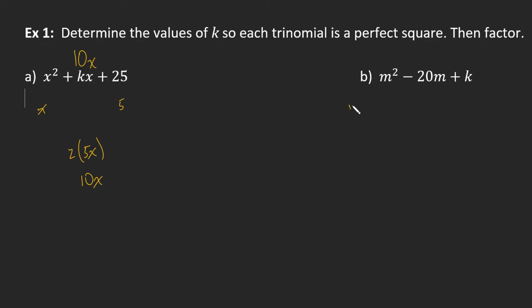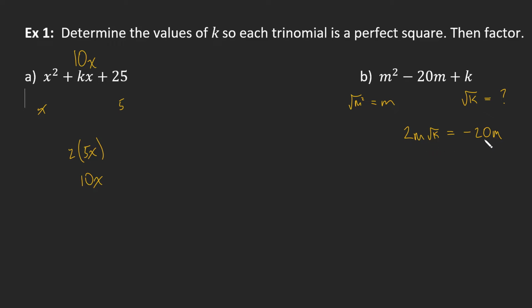We're going to take the square root of m squared and get m. And we're going to take the square root of k, but we don't know what that is. We know that when we take these two values, the square root of m squared and the square root of k, and we double it, we're supposed to get negative 20m.